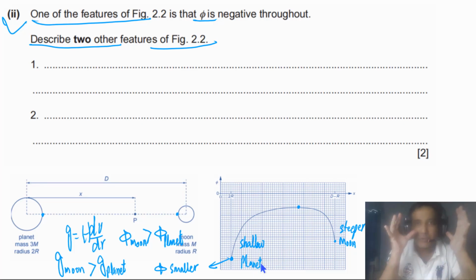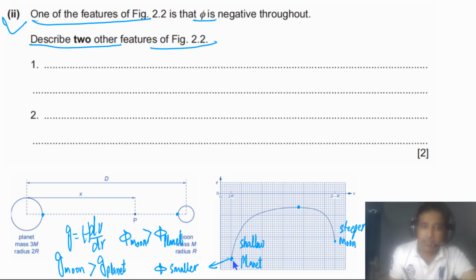So these are the points you need to understand. We can talk about potential at the surface of planet, potential at the surface of moon, the value of G at the surface of moon, the value of G at the surface of planet, and we can compare them. As potential is more negative at the surface of the planet, the potential at the surface of the planet is smaller than the potential at the surface of the moon.